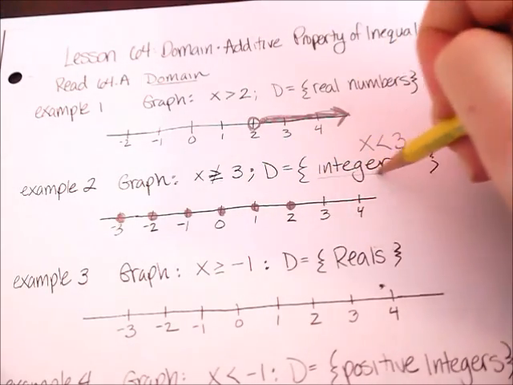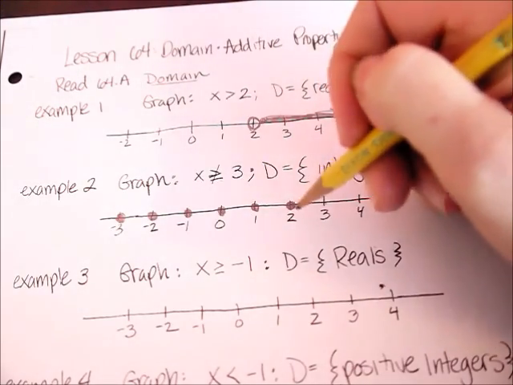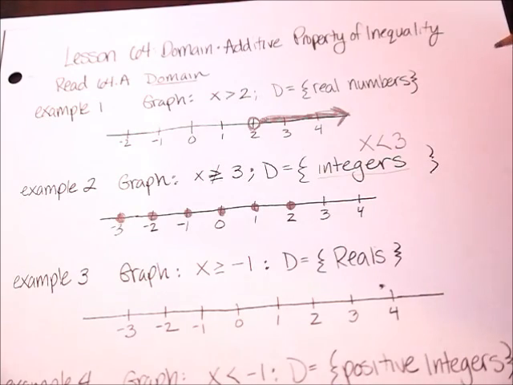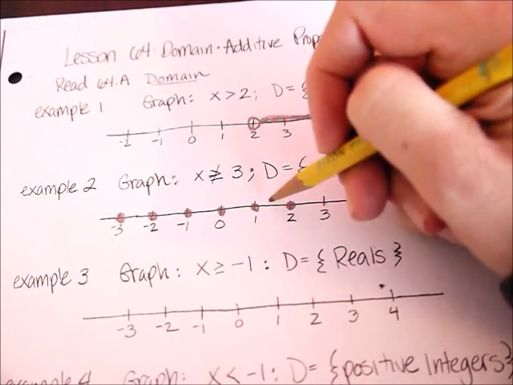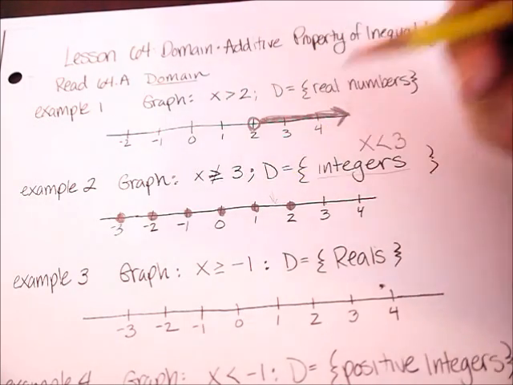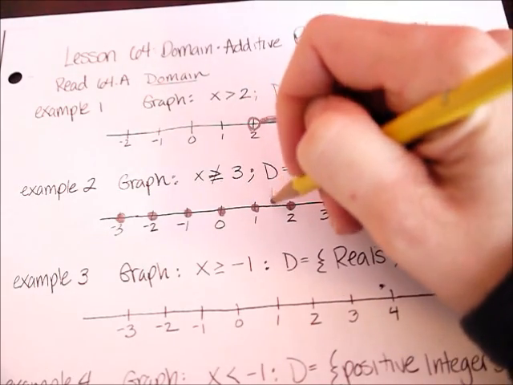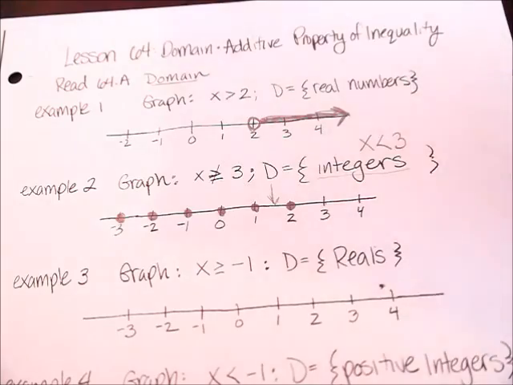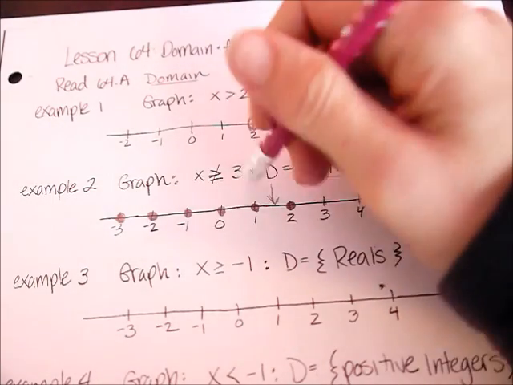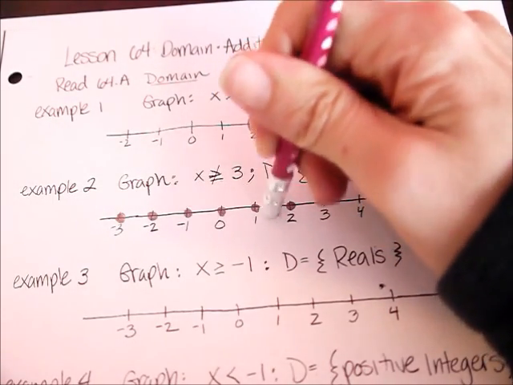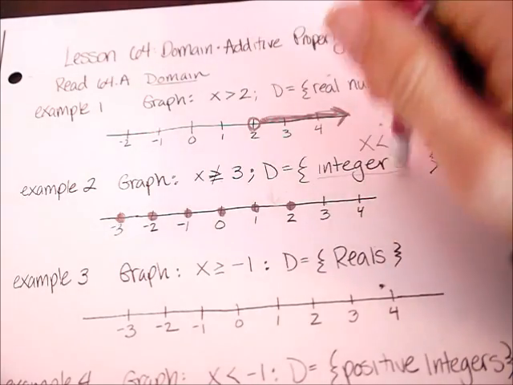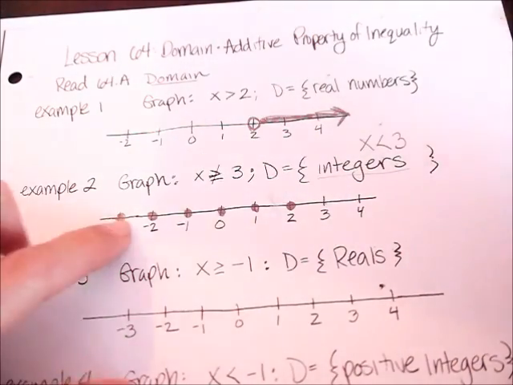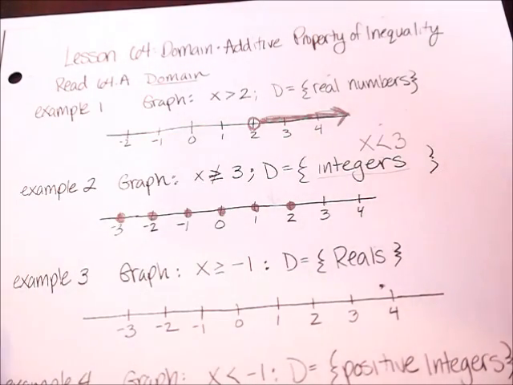But since it's integers, your solution set is just going to be a bunch of dots, okay? Because in between the dots cannot be part of the solution because it's integers. You can't have partial numbers, half numbers, decimals. Okay, so just remember that. If you have integers as your domain, we're talking about dots on a number line.